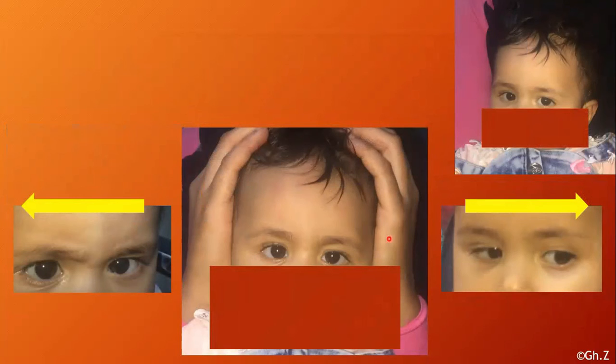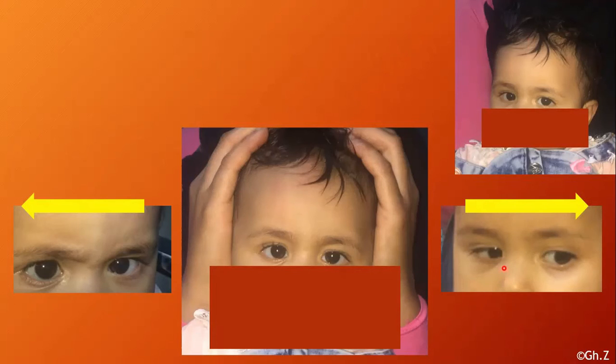Here in the middle photo, this is the primary position. This is a forced primary position because, as you see, the mom is fixing her child's head. Here there is slight esotropia in the right eye. On adduction, there is slight narrowing, because this is an infant, so the narrowing may be slight or subtle in young cases.